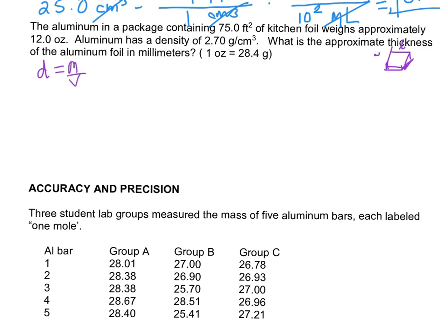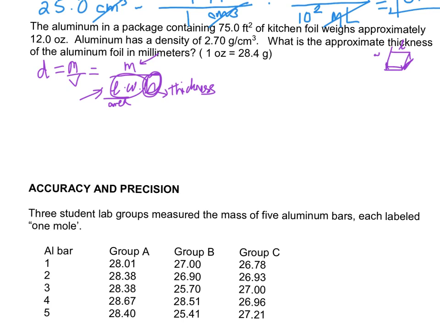If it's a rectangular piece of foil, then the volume is length times width times height. Height is your thickness, of course. So that's what we're looking for. We're given the mass. We're also given the length times width altogether as your area. So this is your area, this is your thickness. So it's a relatively simple problem. The only thing is, you have a lot of units here. So let's work on the units.